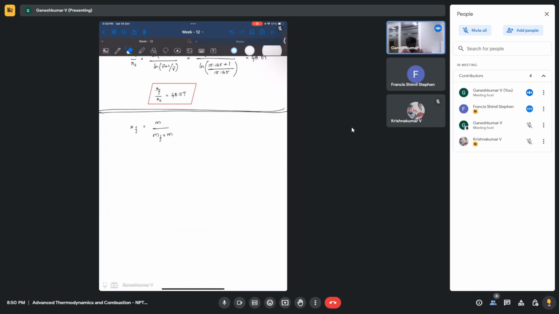So now let's say if I do this, then it's actually dimensionless, I think, since both are mass. Then it should be an intensive property, right?